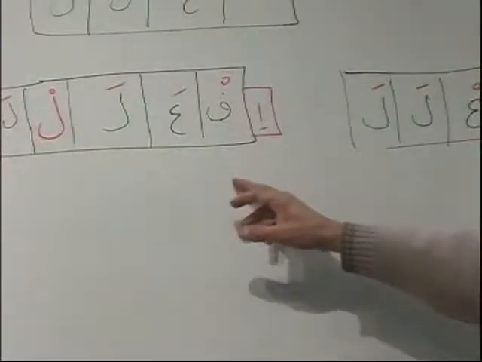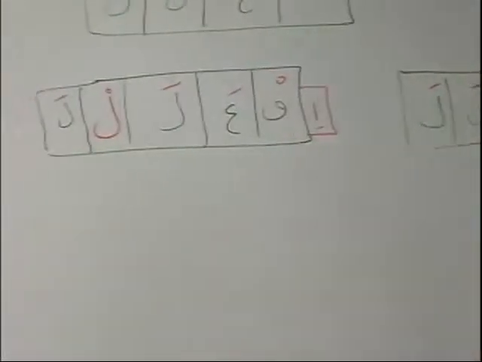Ishma'azzat. This is fi'l madi, brothers and sisters. What is the form of verb? If'alalla. Ishma'azzat. If'alalla. Are you with me, brothers and sisters?